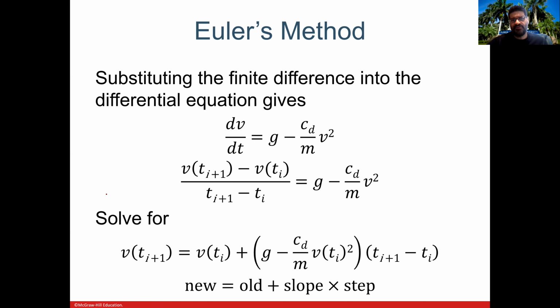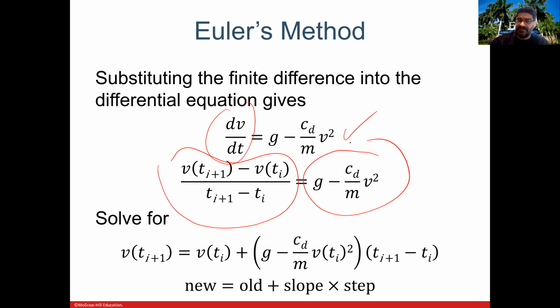If you look at this differential equation, dv/dt equals g minus cd over m times v squared, and you represent dv/dt as v at t(i+1) minus v at t(i), divided by t(i+1) minus t(i), remember this is the approximate solution, it is equal to the same right-hand side.